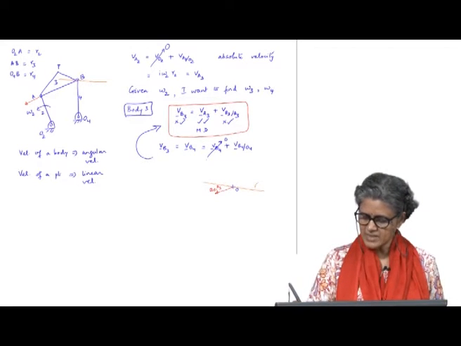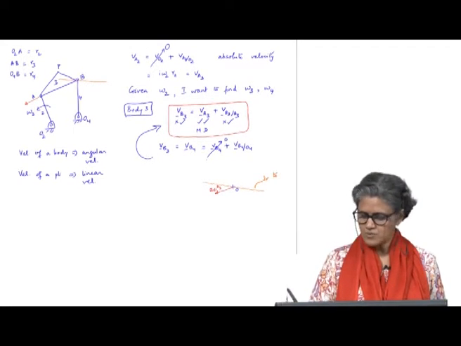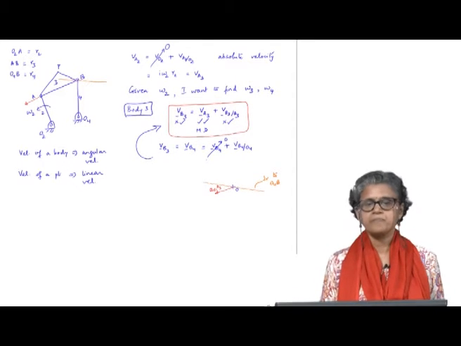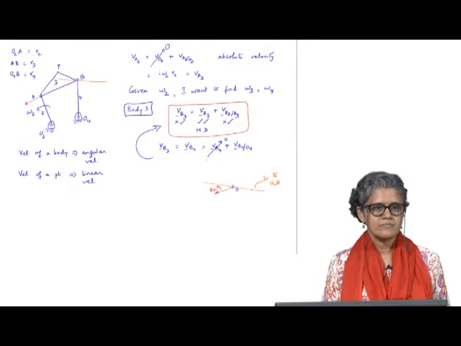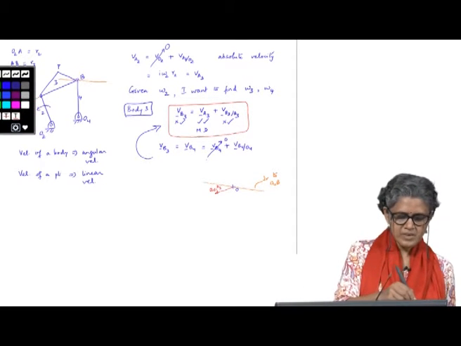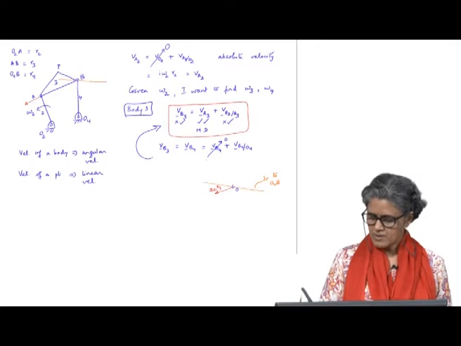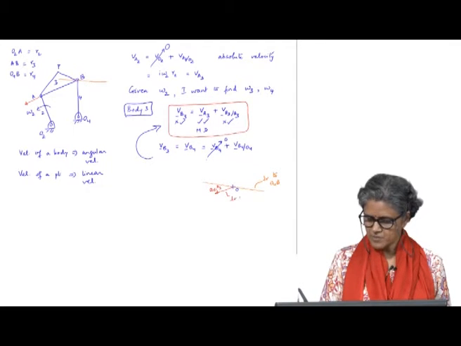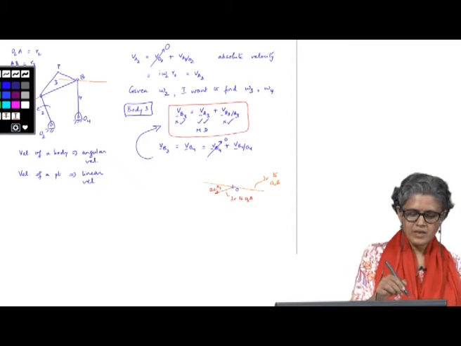This is a line that is perpendicular to O4B. This here, the input, is perpendicular to O2A, as I have shown there.